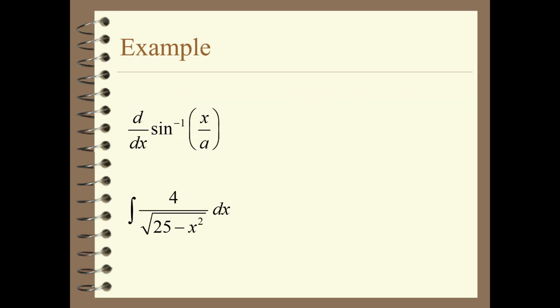In order to find an antiderivative, you usually have to be fairly strong in your derivative rules so you can identify what you're undoing. For example, if I were to find the derivative of the inverse sine of x divided by a, that would give me 1 over the square root of 1 minus (x over a) squared, and I would multiply that by the derivative of x over a, which is 1 over a.